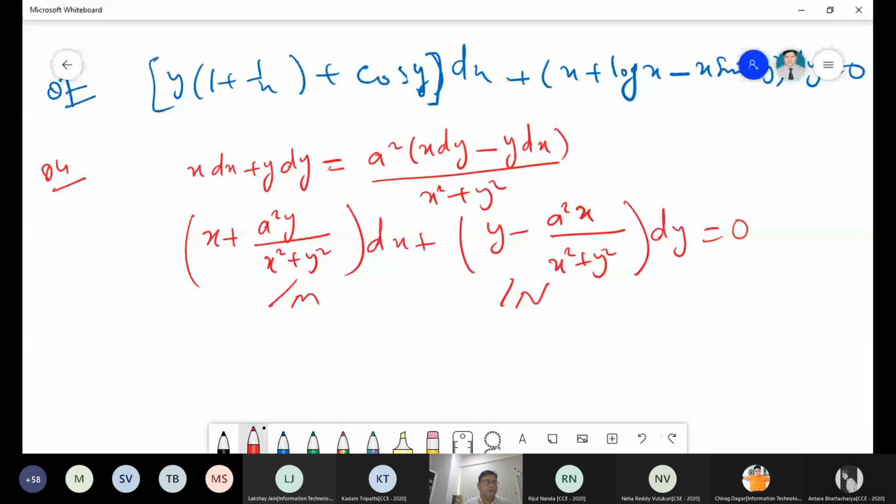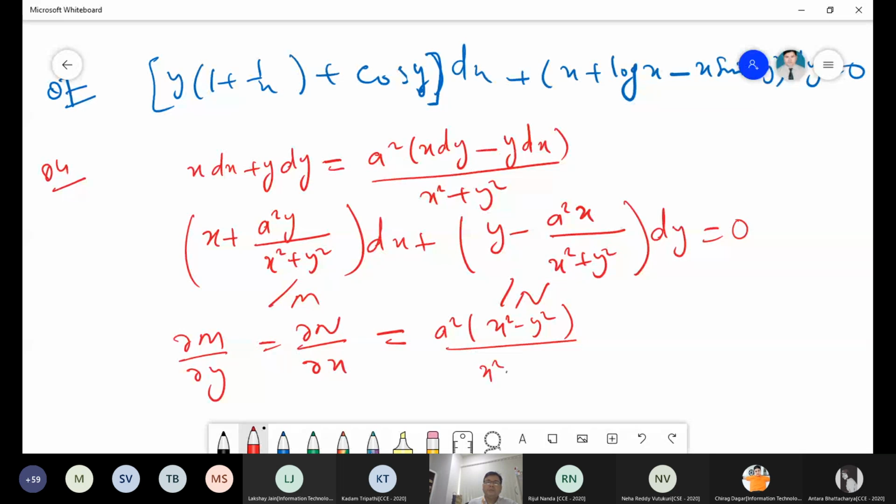When you find the derivative of that one, you will get del M upon del y, and this will be del N upon del x. You check, everybody, the same term you will get: a square times (x square minus y square) divided by (x square plus y square) whole square. This term you will get, correct na?